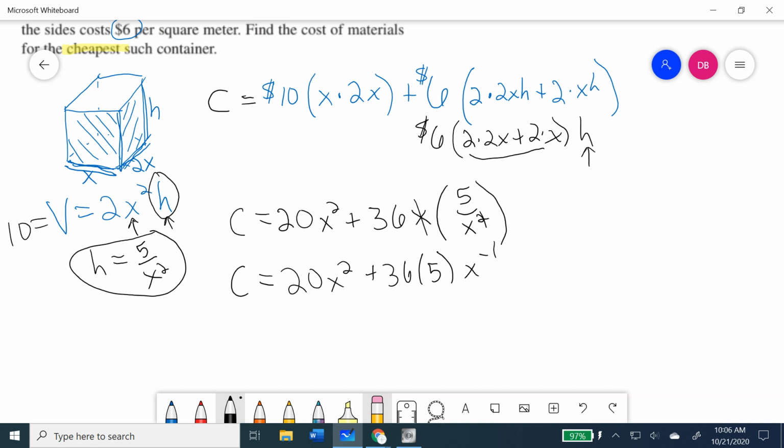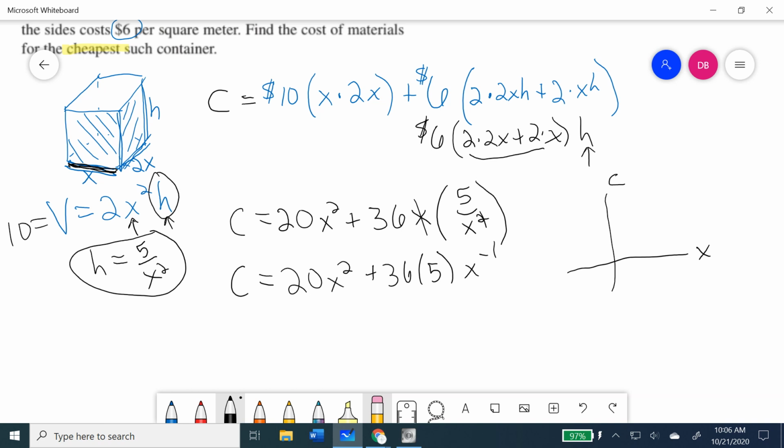And I want to make sure you guys understand with the optimization, what you have at this point is something that you could graph. The x-axis is representing one of the dimensions of the box. The y-axis is representing cost. And you can imagine that the cost is probably higher.